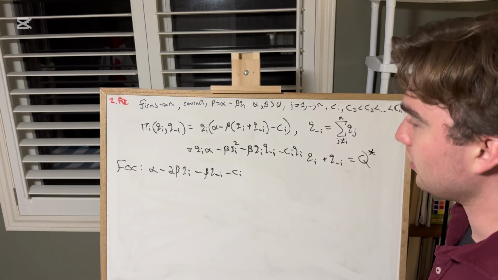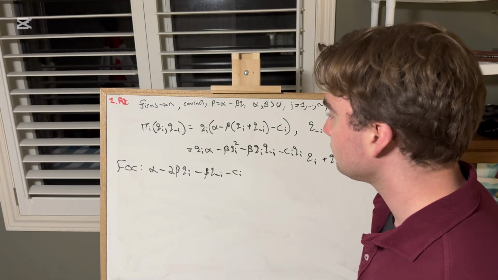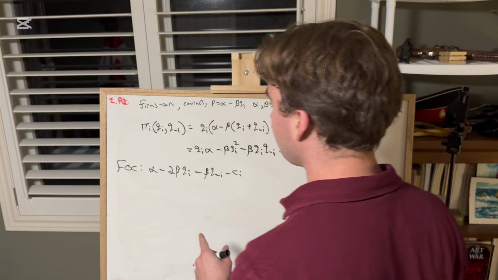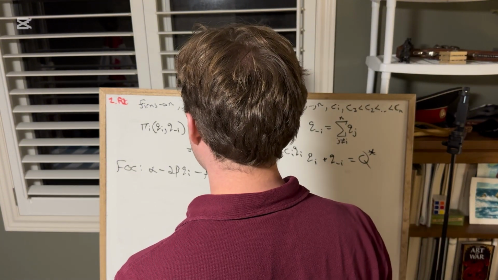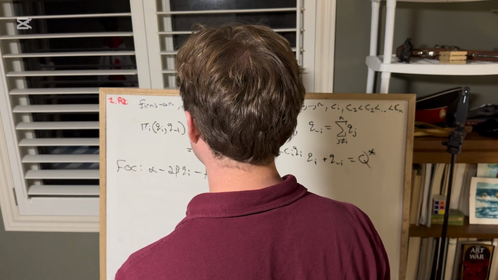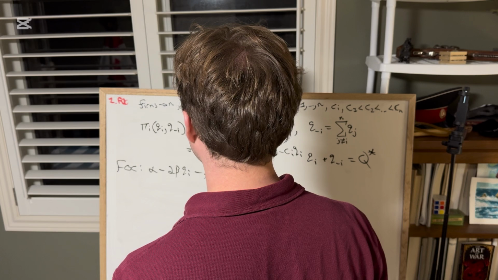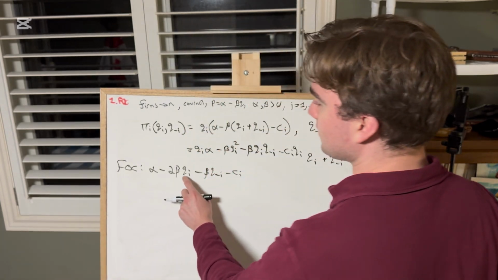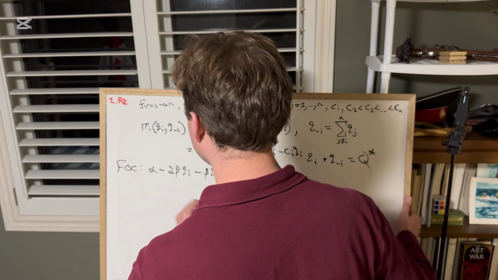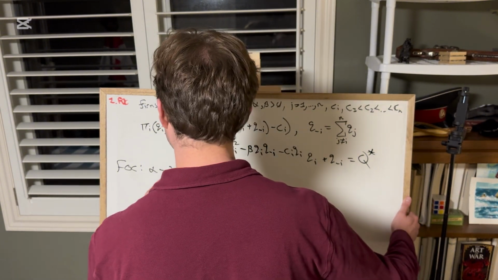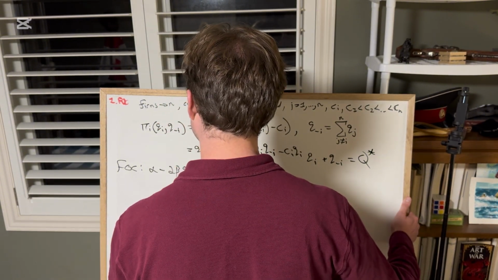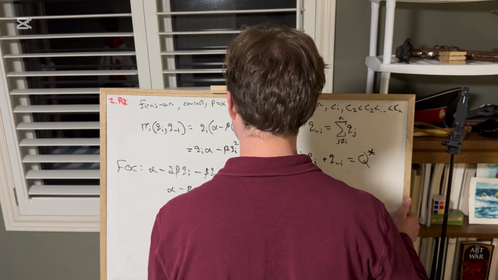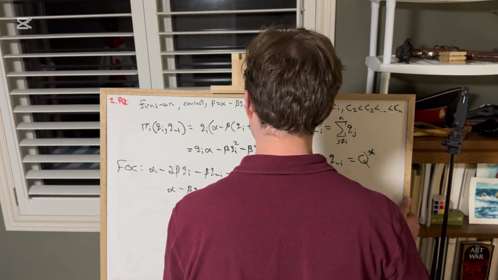And at this point, what I suggest is splitting this up. So I suggest going alpha less beta qi less beta qi less beta q_-i less ci.